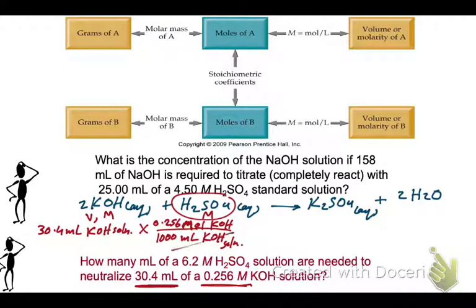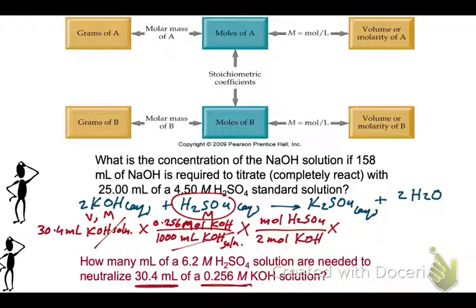Now milliliter cancels milliliter, and I have moles of potassium hydroxide. Let's convert that into moles of sulfuric acid. From my balanced equation, 1 mole of H2SO4 is needed to react with 2 moles of potassium hydroxide.